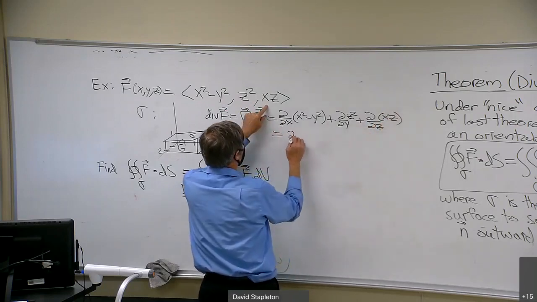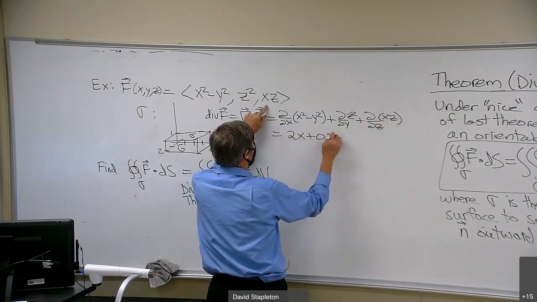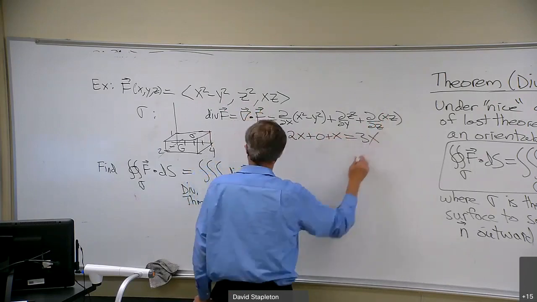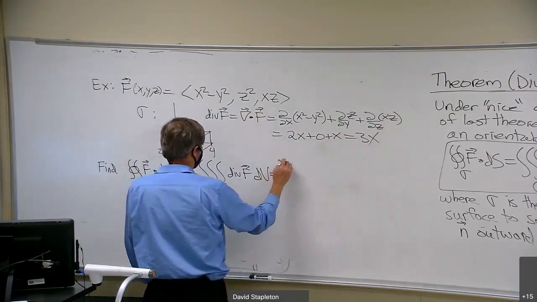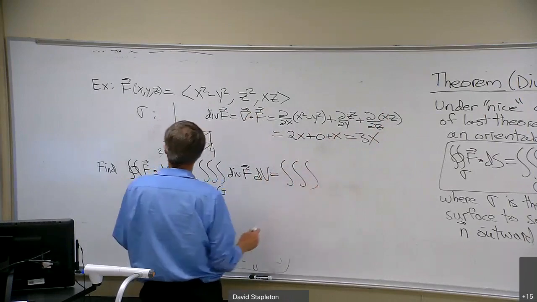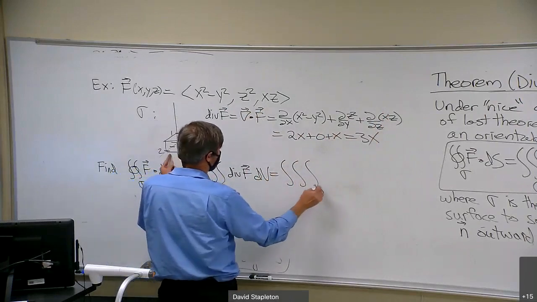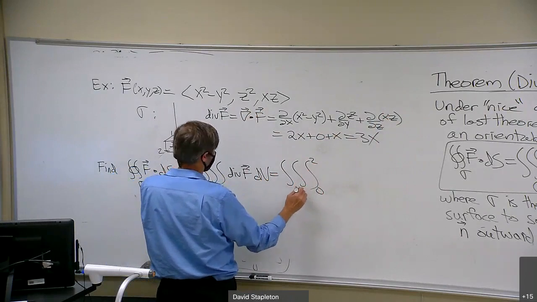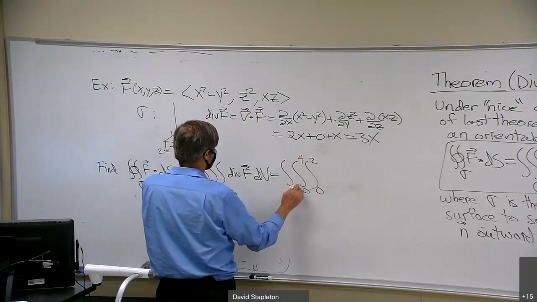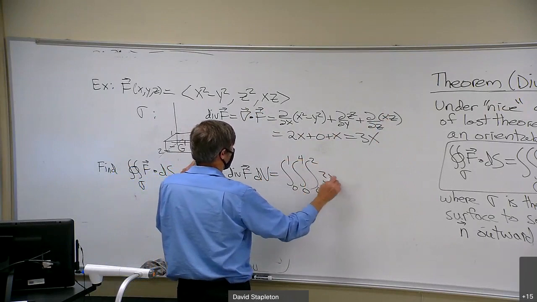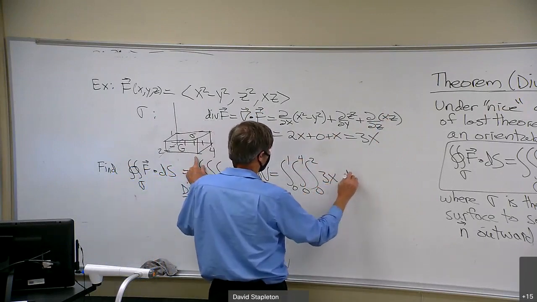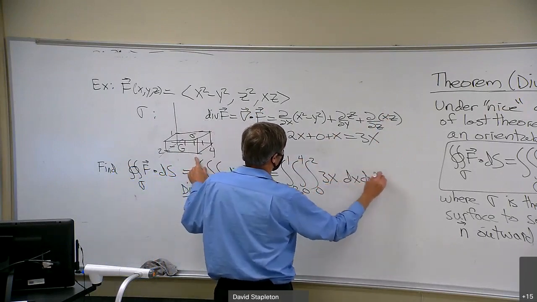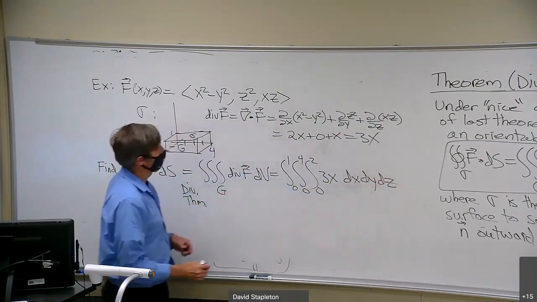It turns out to be 2x plus 0 plus x, which is 3x. Take the triple integral. Since it's over a box, it's very easy. x goes from 0 to 2, y goes from 0 to 4, z goes from 0 to 1, 3x dx dy dz is that volume integral.